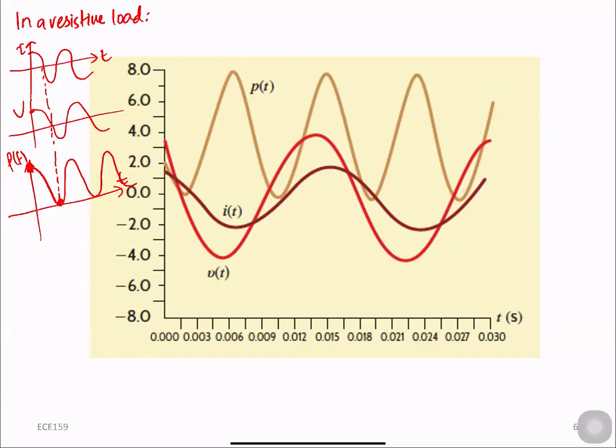This signifies that the power is always positive for a resistive network, which means that this power is absorbed by the circuit when it is positive. It is never supplying power. For resistive loads, power is absorbed by the circuit.